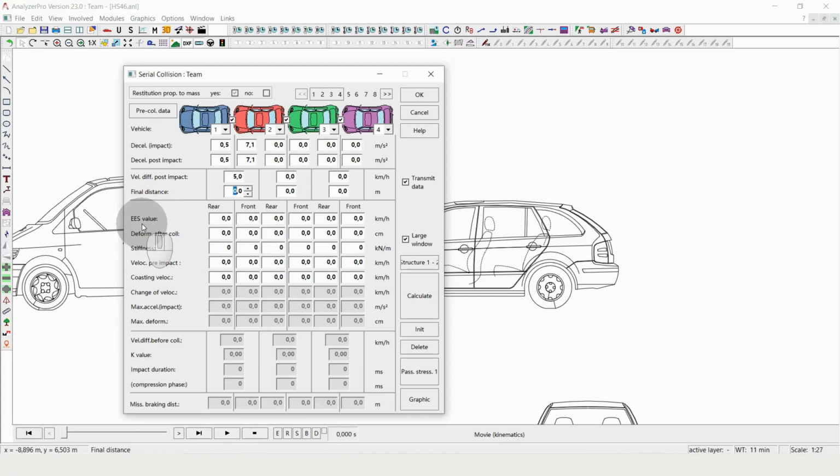For those of you who are not familiar with ES, ES stands for energy equivalent speed and is a theoretical value in the unit of speeds that should quantify the energy that went into deformation by its speed value, since kinetic energy is mass times velocity squared divided by 2.